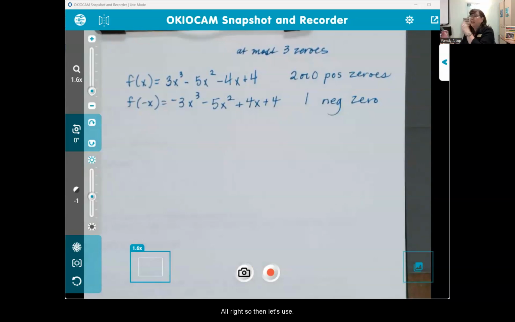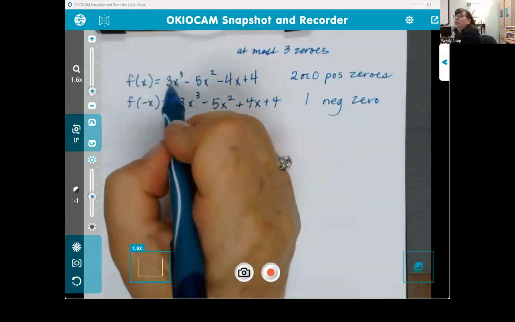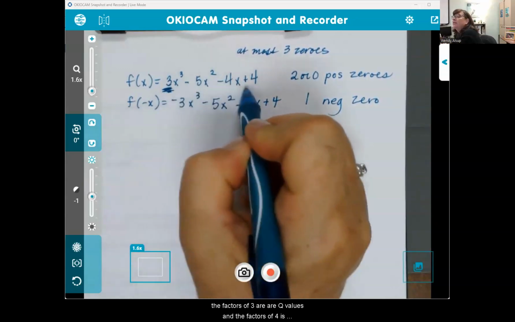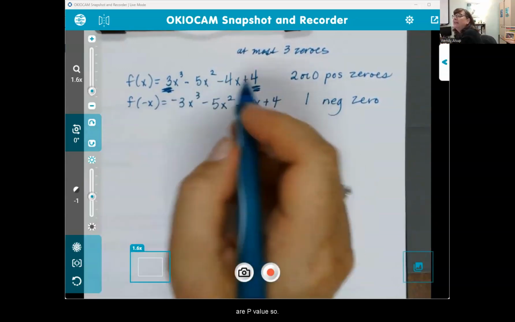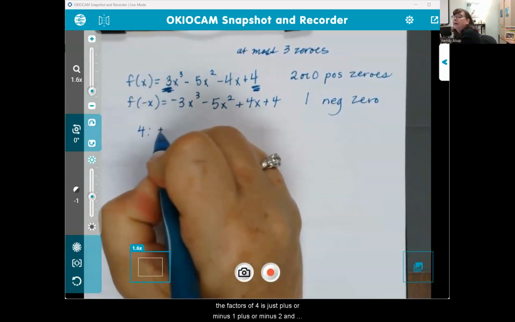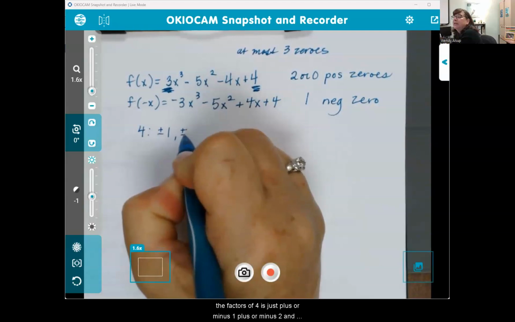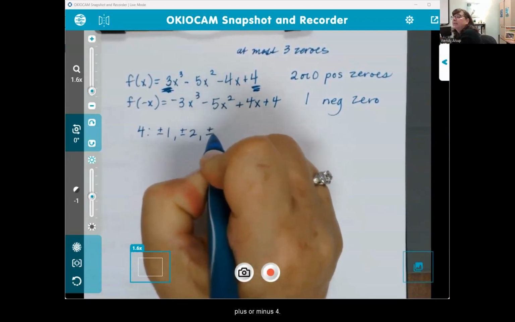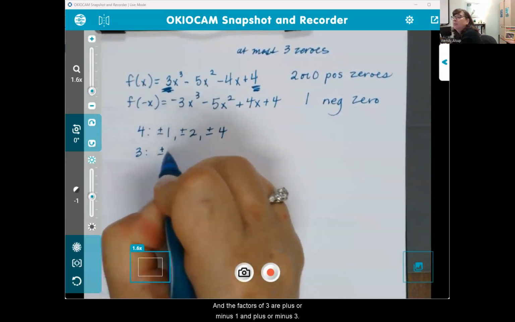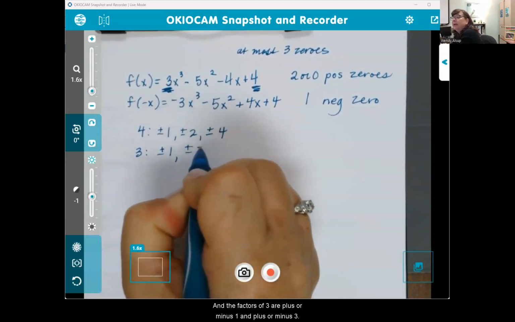All right, so then let's use the factors of 3 as q values and the factors of 4 as p values. The factors of 4 are plus or minus 1, plus or minus 2, and plus or minus 4. The factors of 3 are plus or minus 1 and plus or minus 3.